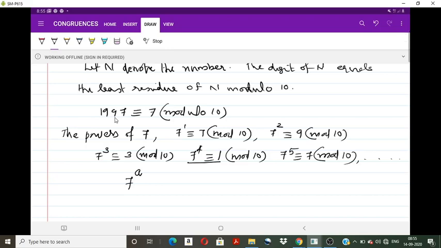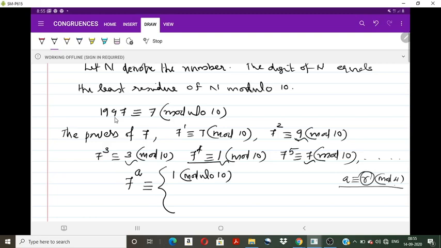So the powers are actually determined by the least residues to which A is congruent under modulo 4. So 7 raised to A, the values we obtained are 1, 3, 7 and 9. So it is congruent to 1 under modulo 10.